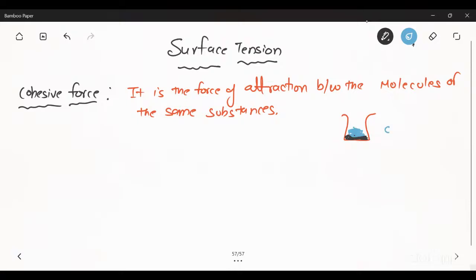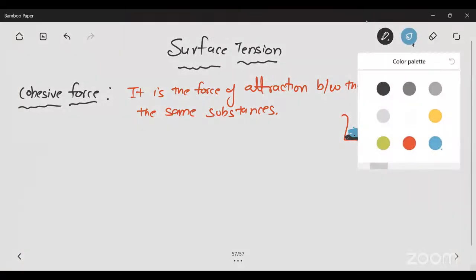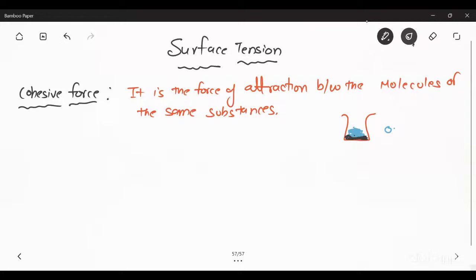So the force between two different molecules of juices, both being liquid, is known as the cohesive force. It can be in air, and it can also be in liquid.